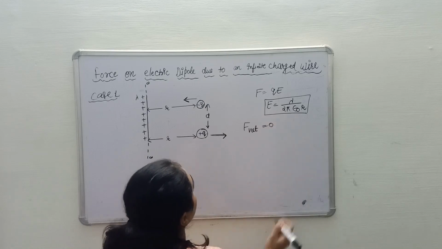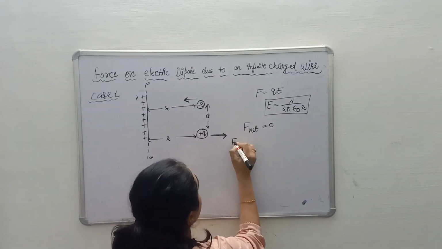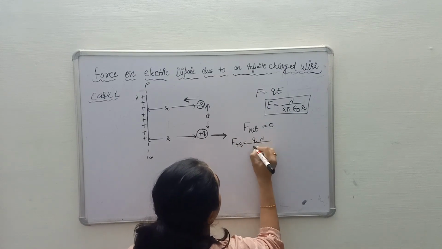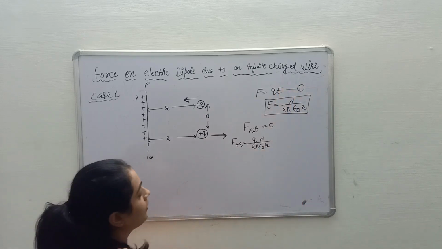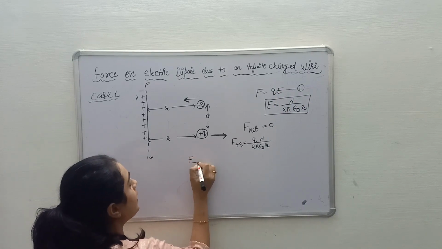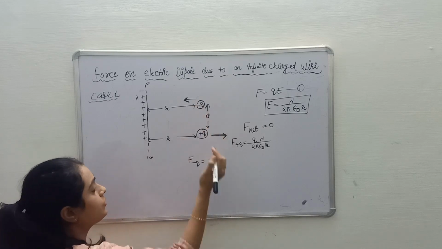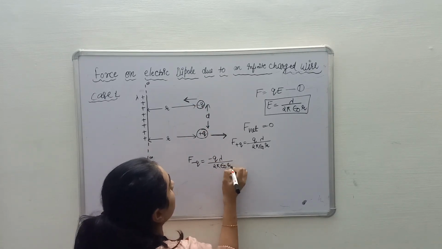is 0, because F is equal to Q times E. On the positive charge, it is Q into lambda by 2 pi epsilon naught r, placing the value of the electric field here in equation number 1. And on the negative charge, it is negative Q, lambda by 2 pi epsilon naught r.